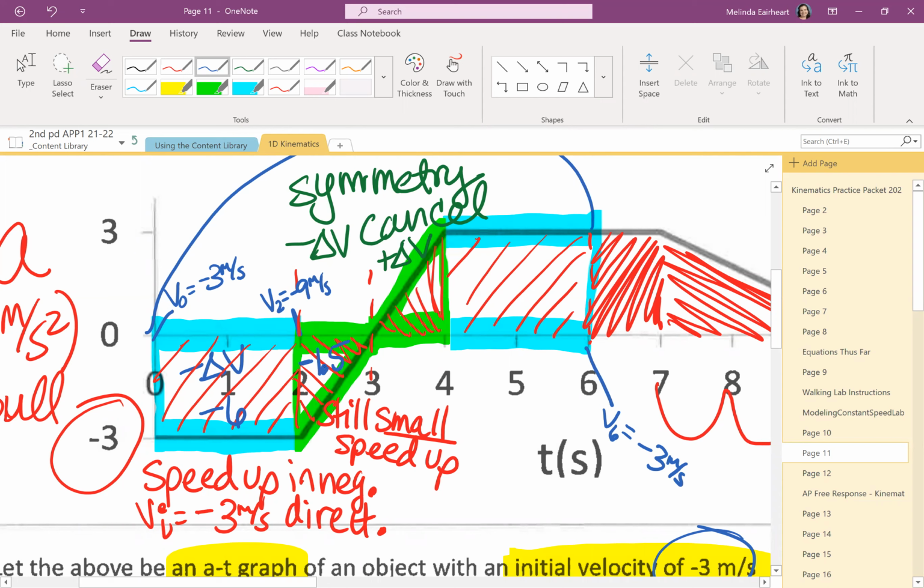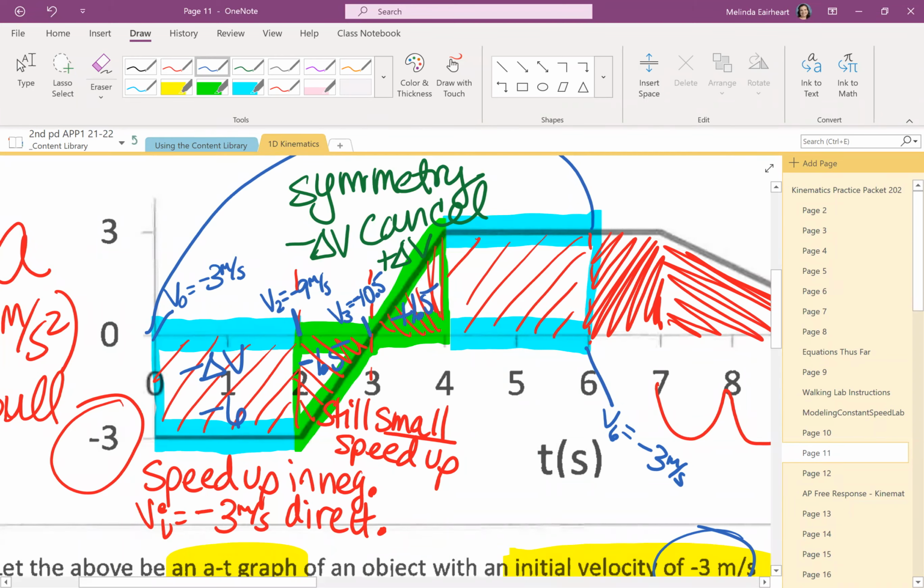-1.5. And again, that -9 is going to become more negative because it has a negative change. And so at the end of 3 seconds, our velocity is -10.5. And then we come to 3 to 4, where we have a positive 1.5.